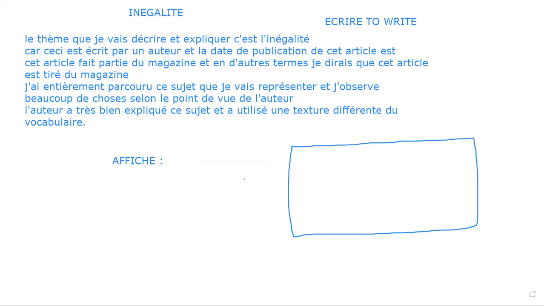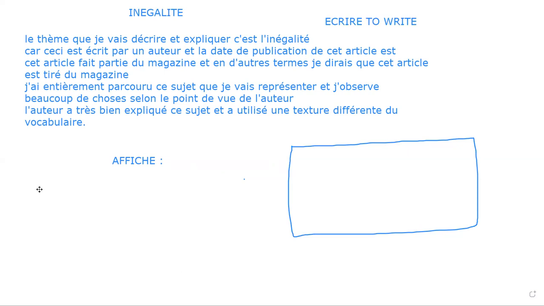So after reading this, you will say, I have fully gone through this topic, which I'm going to represent, and I observe a lot of things according to the author's point of view. Is it clear to you? Because first you read the author's content.